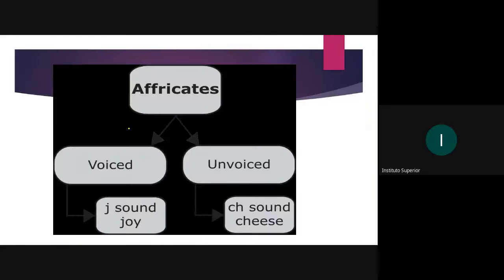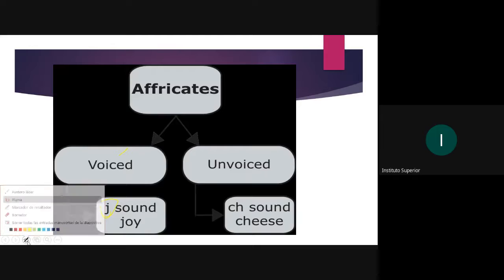Here we have two sounds. One of these sounds is voiced, and the other one is unvoiced or voiceless, as you know. Could you produce the sound? For voiced, yes, this one. Okay, let me change the color.